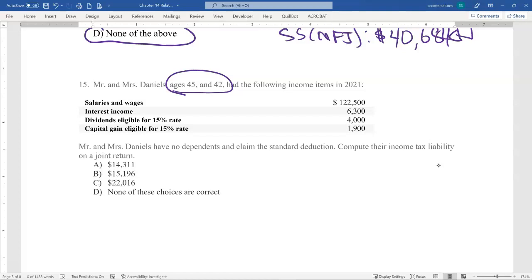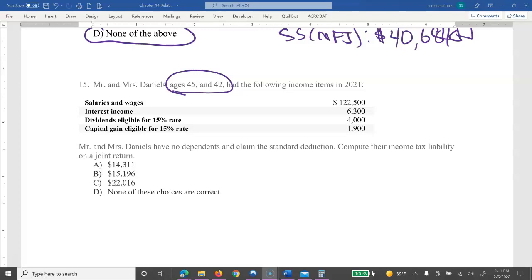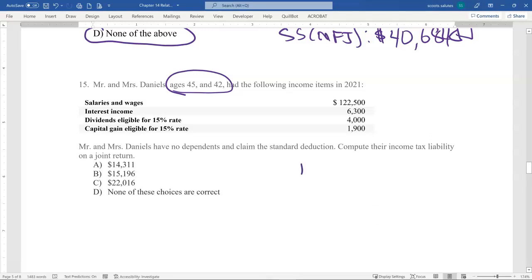So the first thing we need to look at is going to be our total income. Let's come here and figure total income. So total income is going to be the $122,500 plus the $6,300.